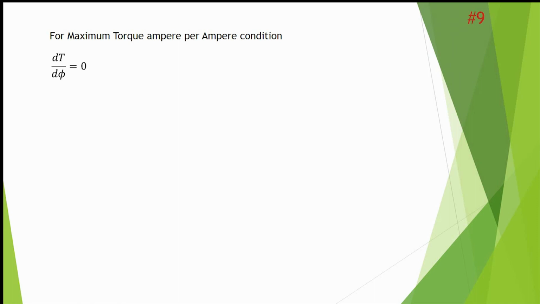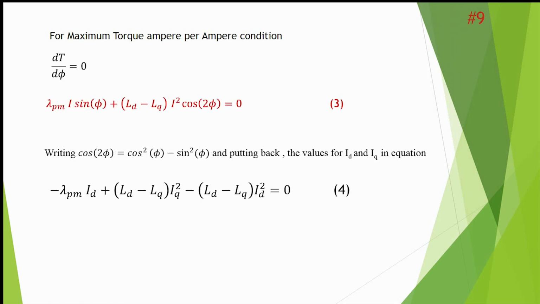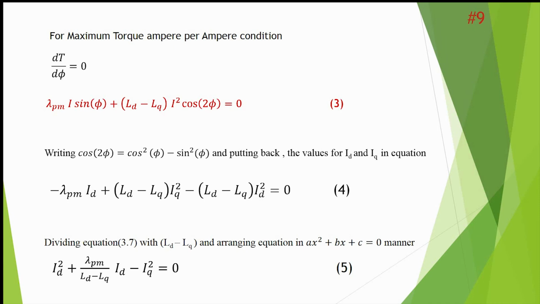For the maximum torque per ampere condition, we know we have to differentiate with respect to phi and set it equal to 0, and we get equation number 3. By basic trigonometric manipulation, we get equation number 4. We can rearrange it in the form ax square plus bx plus c equals 0.